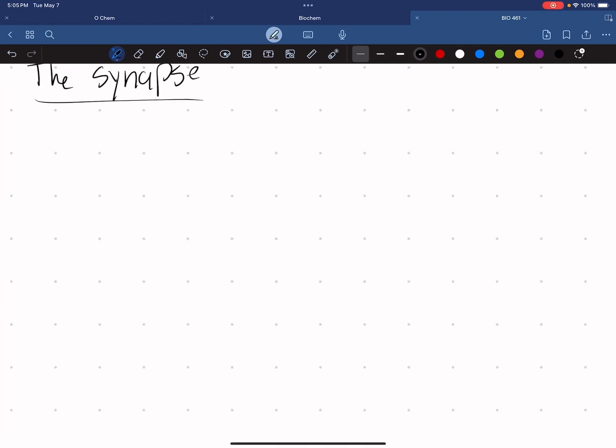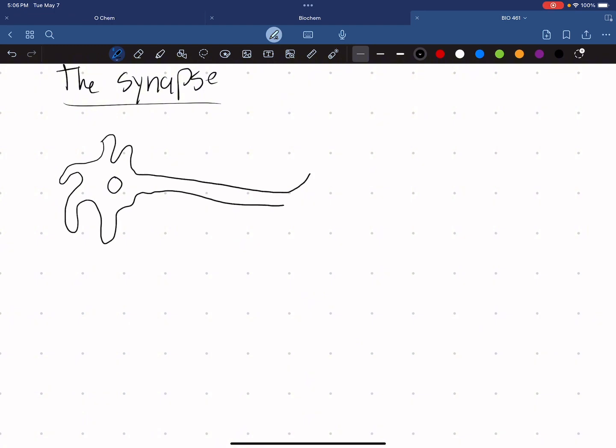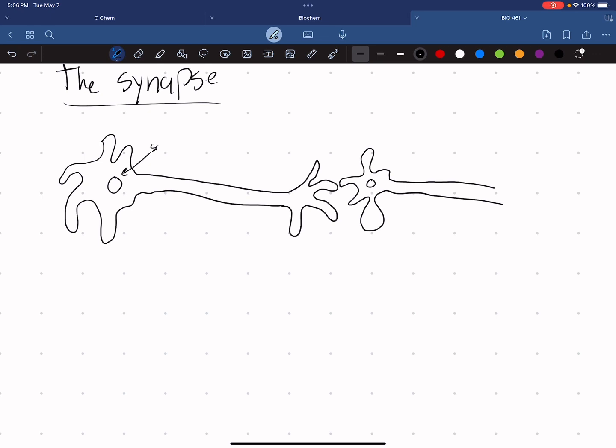Okay, so the last part of this question asks us to talk a little bit about the synapse. So I'm going to draw a little bit of a picture here. Right here we have the synapse. Here we have the soma or cell body. We have the dendrites.